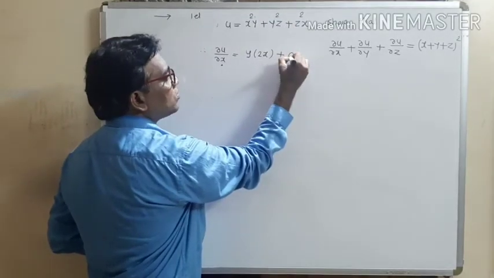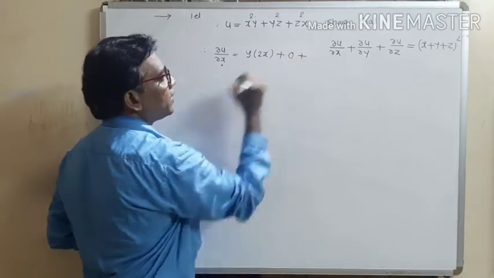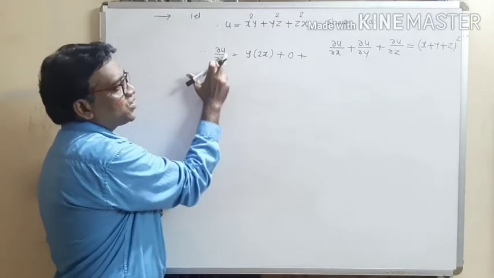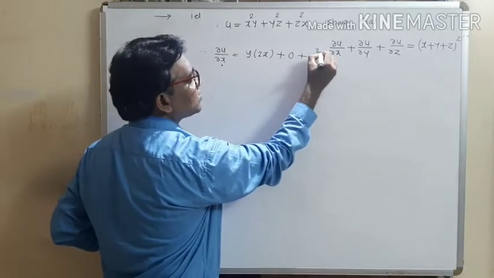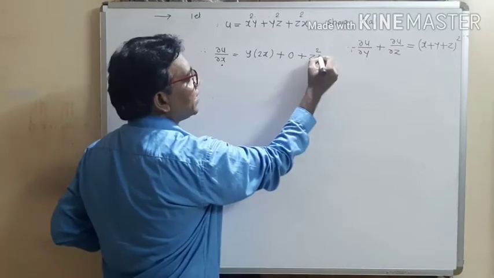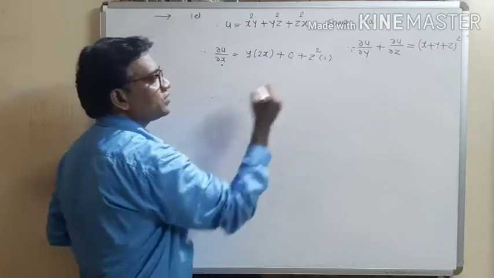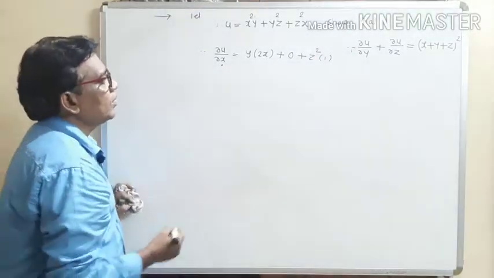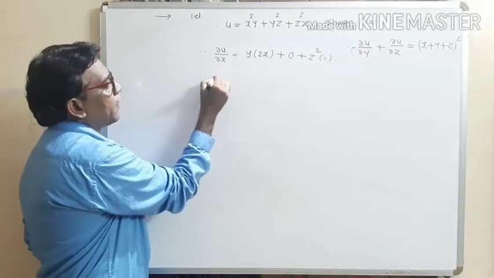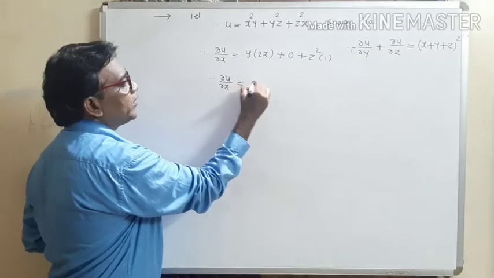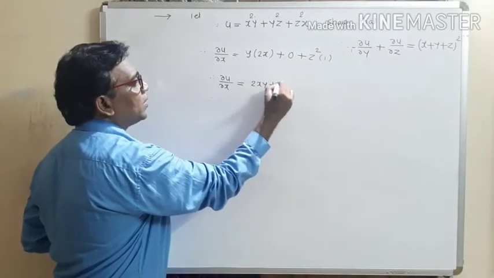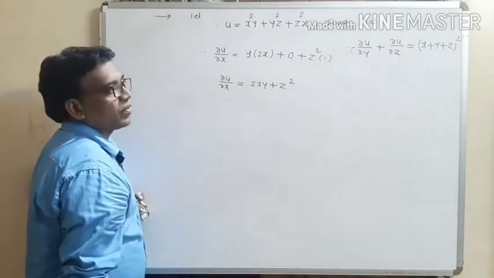So derivative of a constant number will be 0, plus partial derivative with respect to x means this z square is a constant term, and just the derivative of x is 1. So ∂u/∂x is equal to 2xy plus z square.